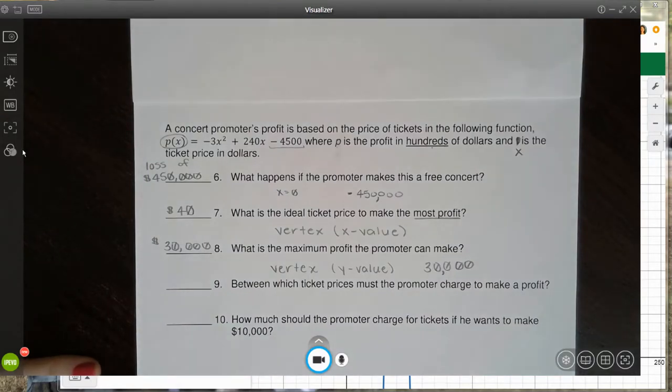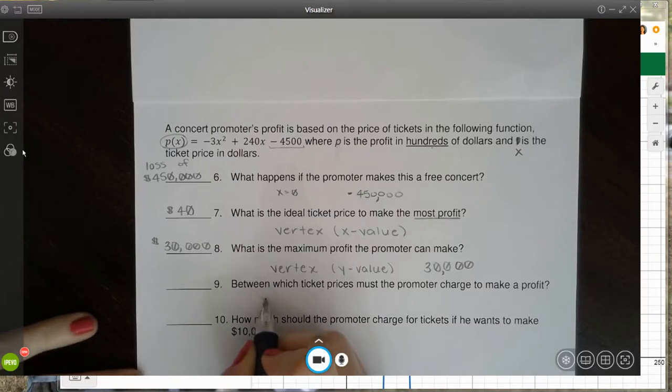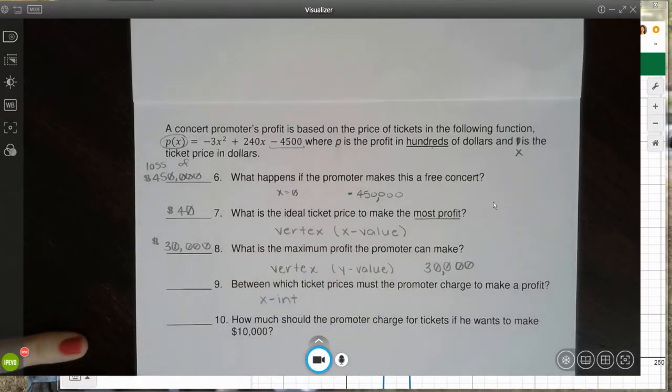If we want to look at what ticket prices we must charge in order to make a profit, my p-value has to be bigger than 0. So my y-value has to be bigger than 0. So this tells me I need to know the x-intercept values because those are where my y-value is 0.